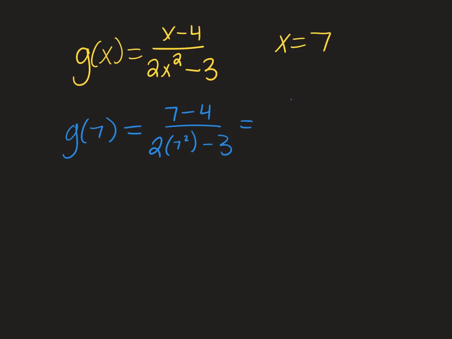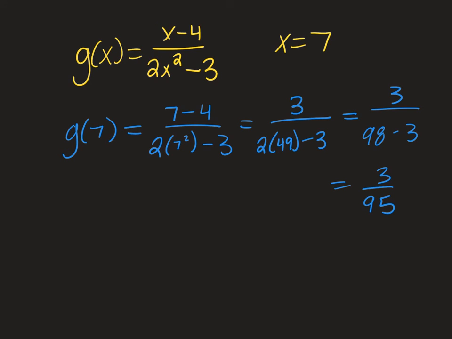So 7 minus 4 is 3, and 7 squared is 49. Then 2 times 49 is 98. Then we get 3 over 95 as our answer.